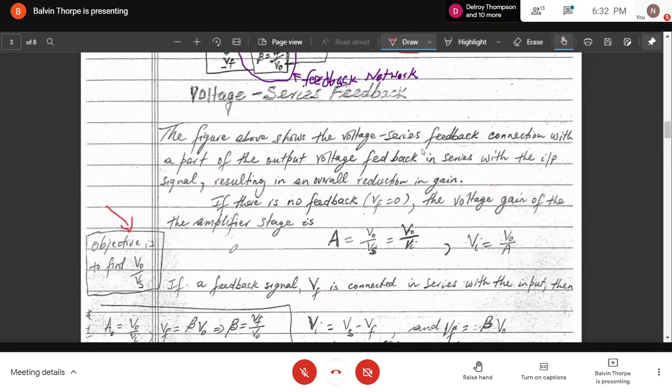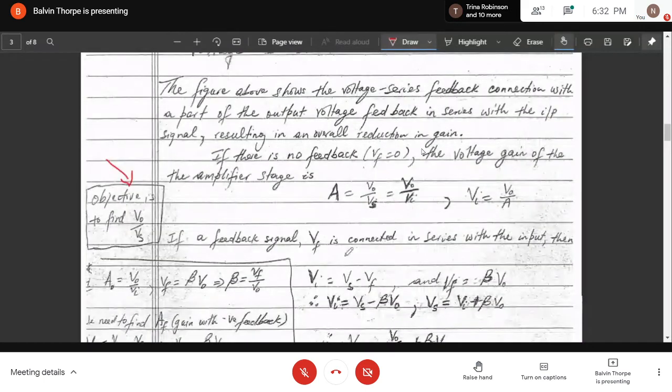So there are a couple of things that we know so far. Remember, this is what we're trying to find, the overall gain, which is VO over VS. With no feedback, the amplifier would just be VO over VI, which means we can find what VI is by cross multiplying: VI is VO over the gain.